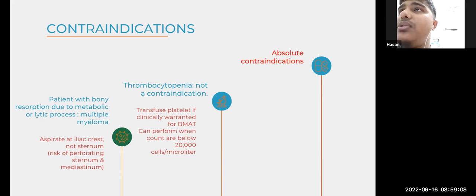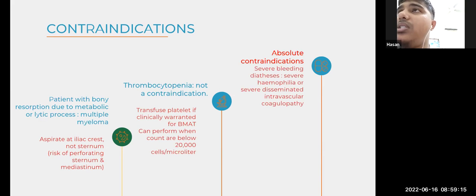For the absolute contraindication, actually there isn't really an absolute contraindication. However, it depends on the patient. So if there is suspicion of severe bleeding, for example, in severe hemophilia or in severe DIC, then it is contraindicated.